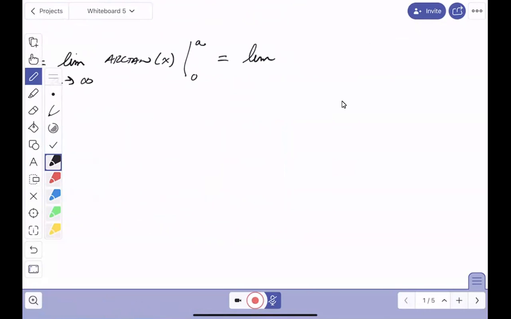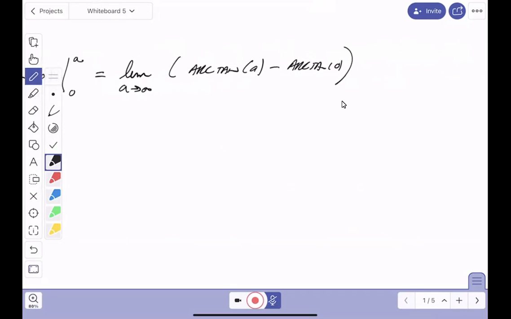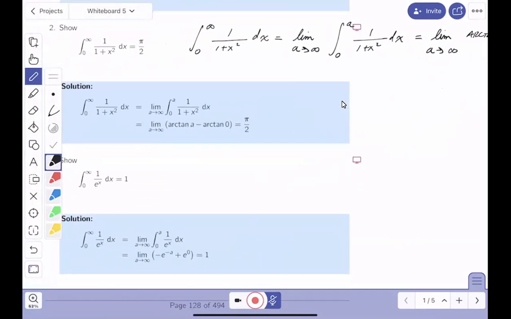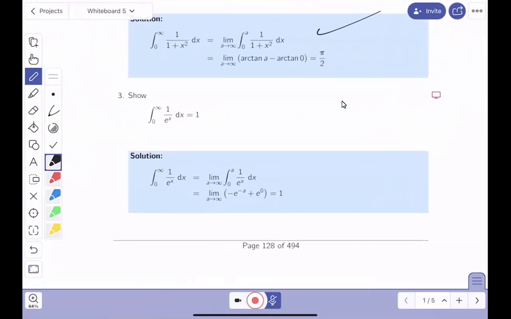Limit a goes to infinity, arctangent of a minus arctangent of 0. Well, the arctangent of 0 is easy. That's 0. Then the question is, what's the arctan of a if a goes to infinity? Well, you should have a good idea that the arctangent function looks like this, and it's asymptotic with pi over 2. So the answer over here is pi over 2. All right, pretty simple. Go back over here. Again, they put the area, my key in the blue area is what I'd write down if I typeset it.